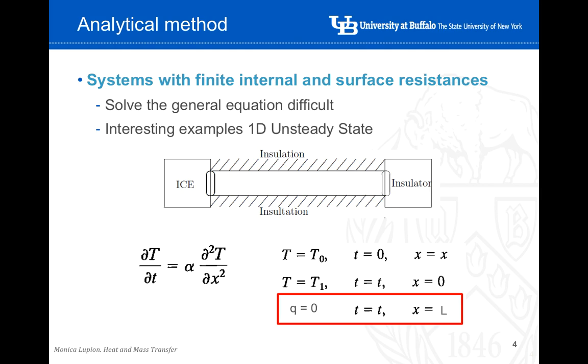We have the 2 resistances, the internal and surface resistances, so we can't really do anything about it. However, depending on the geometry, and also if we consider, for instance, just one dimension, there are different situations when we can solve the problem.